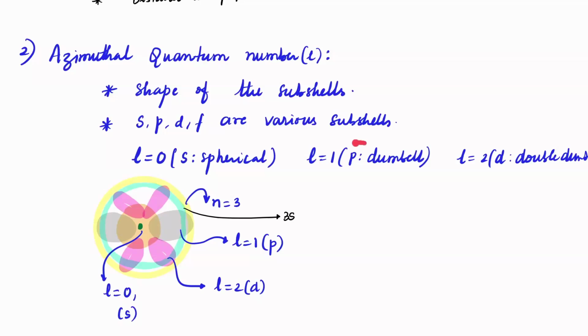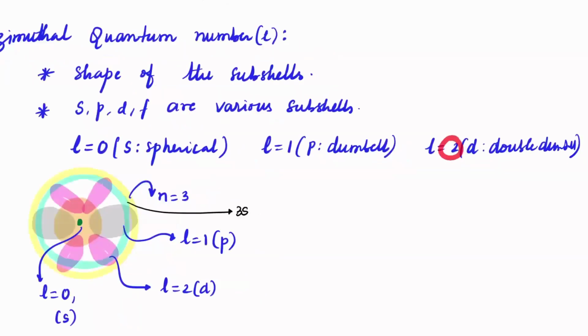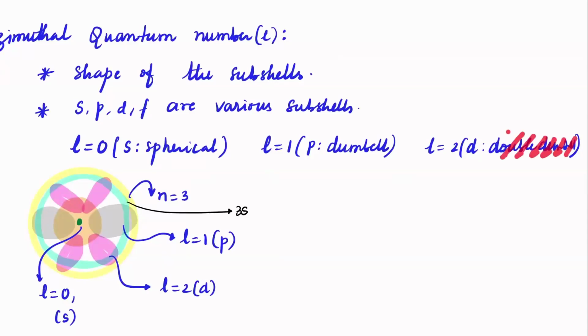And if L is 1 in the Schrodinger equation, that represents that the electron cloud is appearing like a dumbbell. If L is equal to 2 in the Schrodinger equation, that means it is designating the double dumbbell shape. Okay? I hope all of you understood this part.